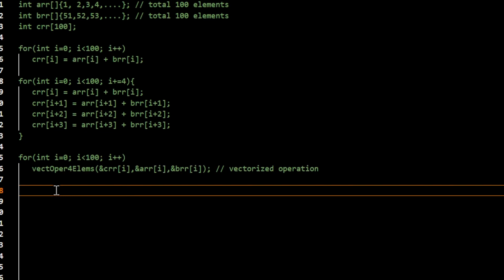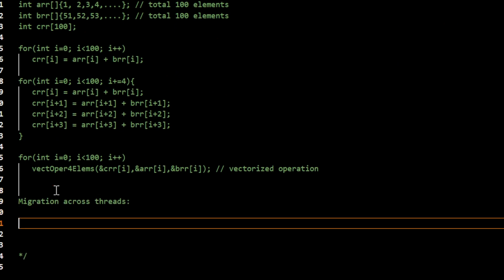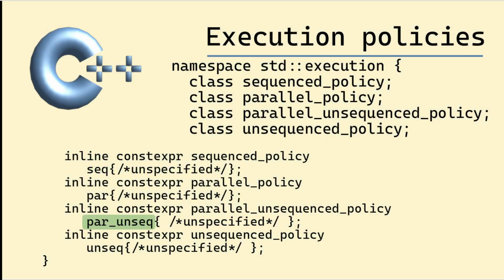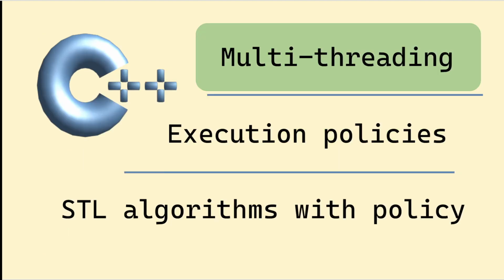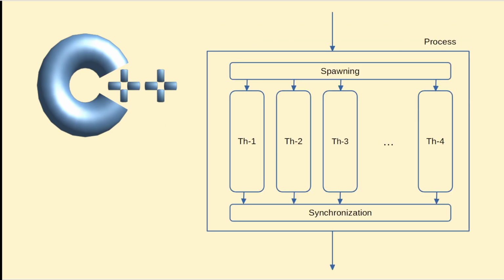And the next thing I want to discuss is migration across threads. So when a thread is executing, let me go back to the slide and go back to this diagram.